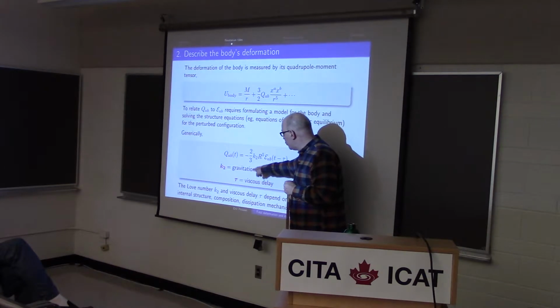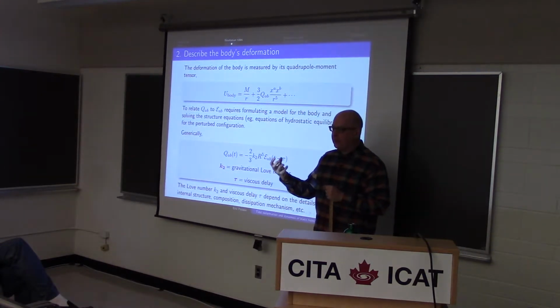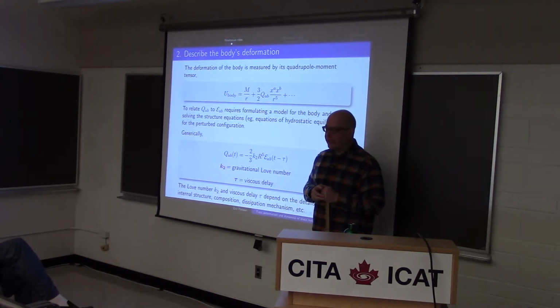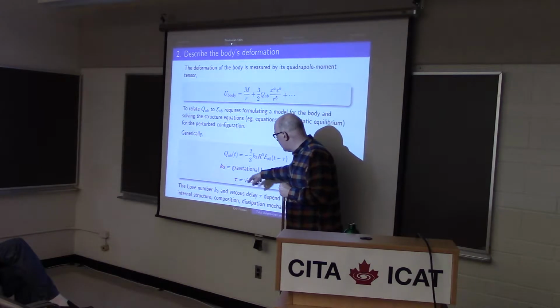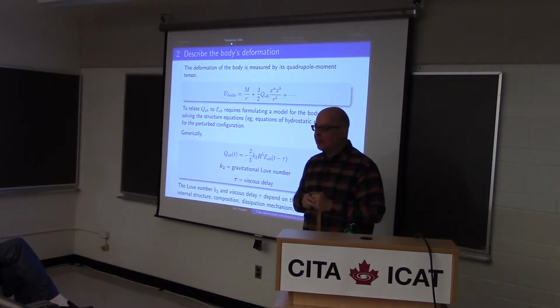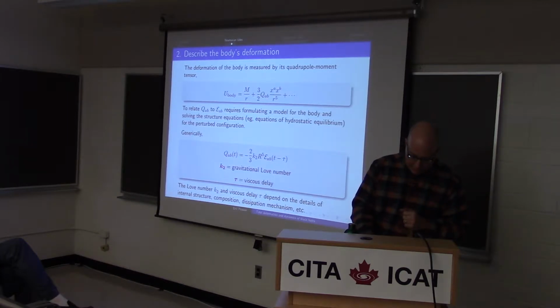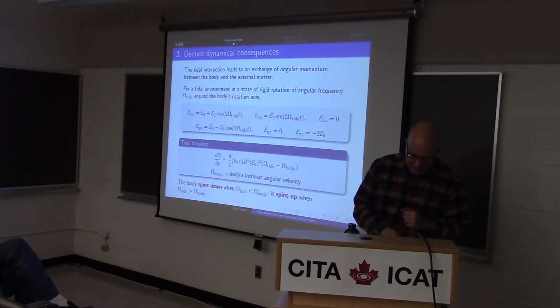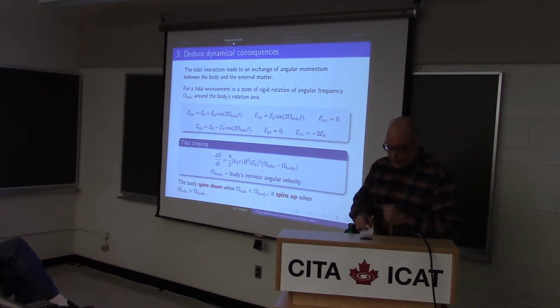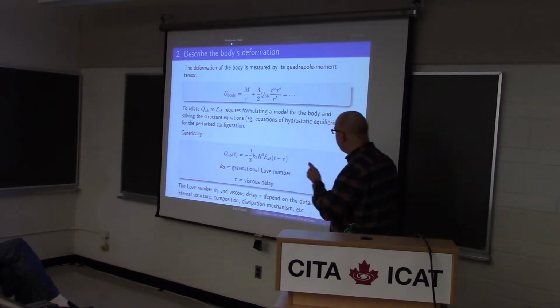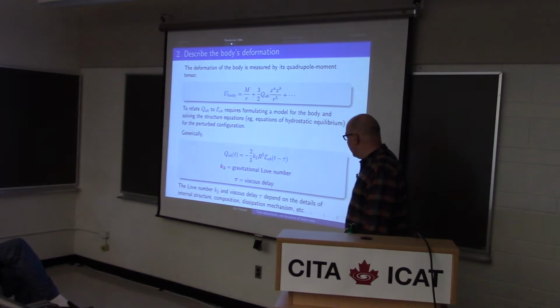So you can think of K2 and tau as being quantities that capture internal details, K2 about composition and tau about what is producing that dissipation that is crucially important here for tidal dynamics. So once you have a complete description of the tidal deformation, and I claim that, to the leading order in all this, this is pretty complete.